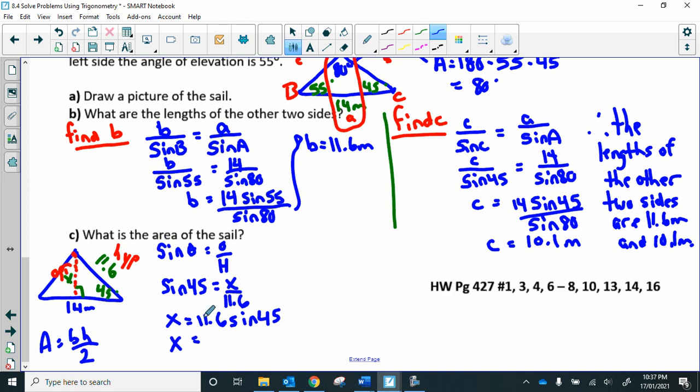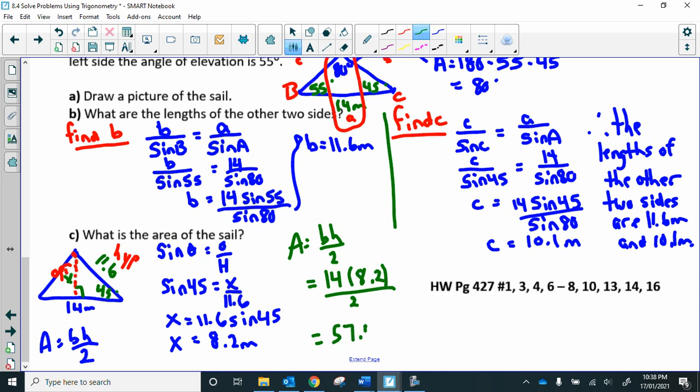So we get 8.2 meters for our height, which means my area is our base times our height divided by 2, which is 57.4 meters squared. So therefore, the area of the sail is 57.4 meters squared.